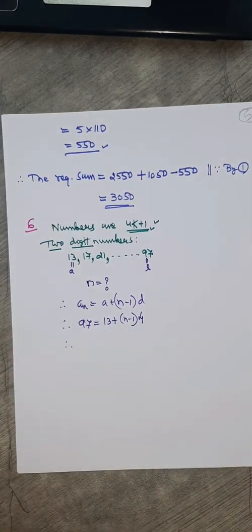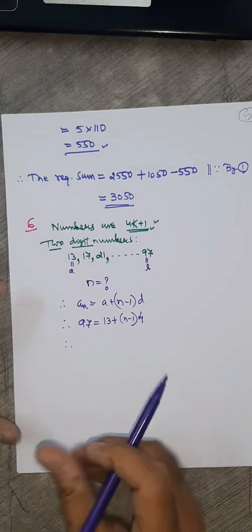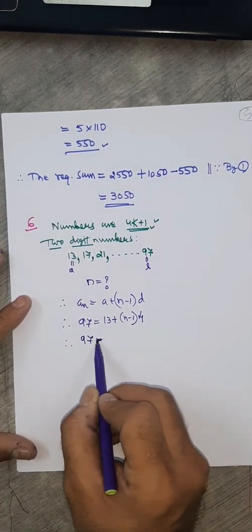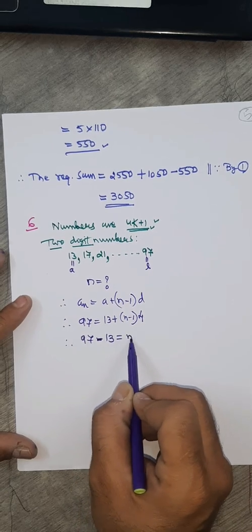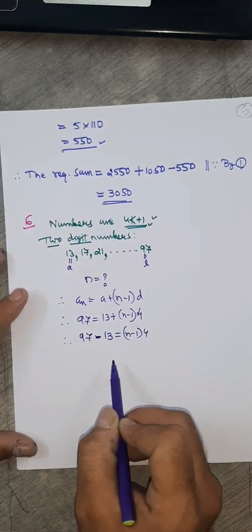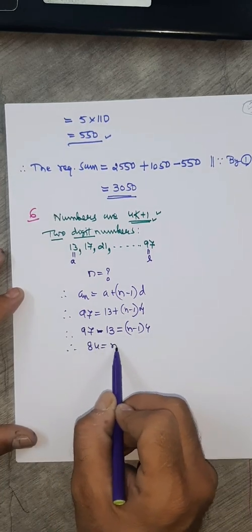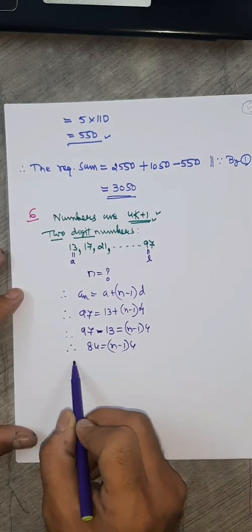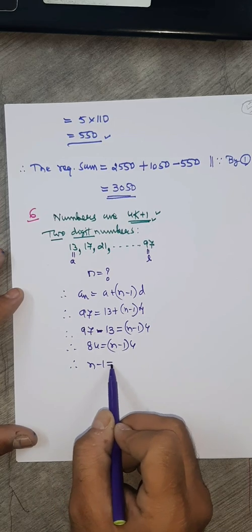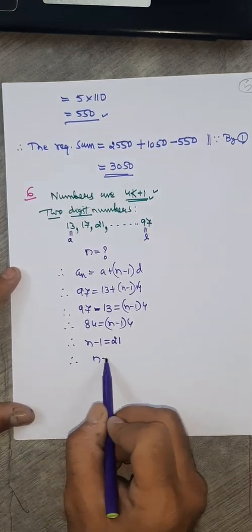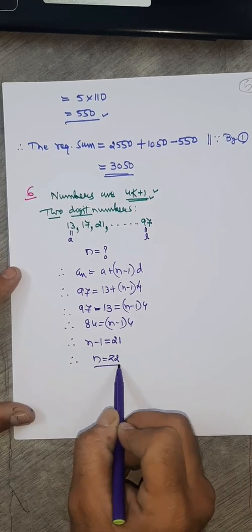If we simplify, we have 97 minus 13 equals n minus 1 into 4. So 84 equals n minus 1 into 4. So n minus 1 equals 21, and therefore n is 22 here.